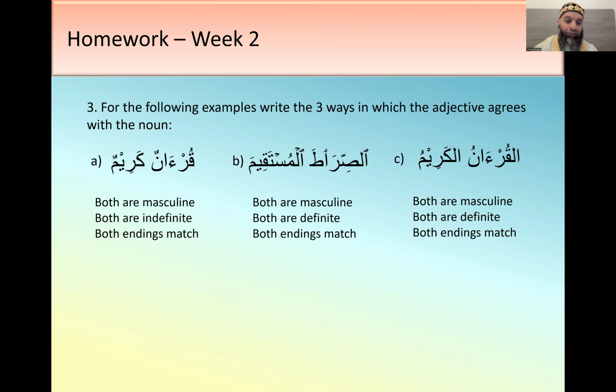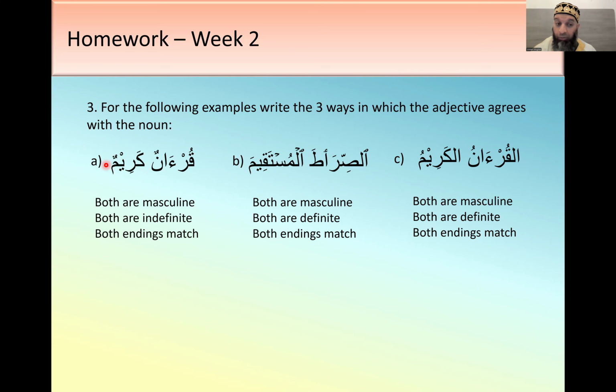All right. So let's look at this one. Qur'anun Karimun. Here we can see they are both masculine. The way you can tell is because Quran is not ending with the ta marbuta, and it's not a woman. Also, the other way you can tell is Karimun.